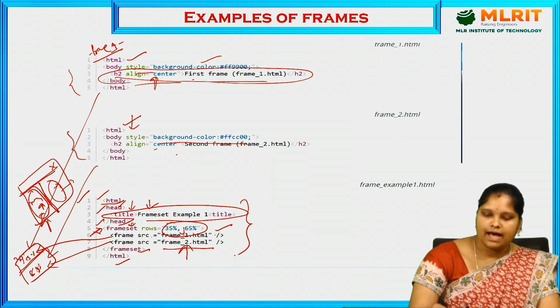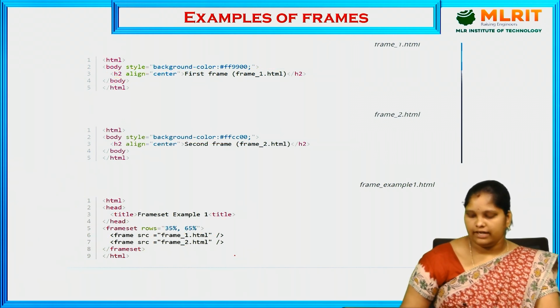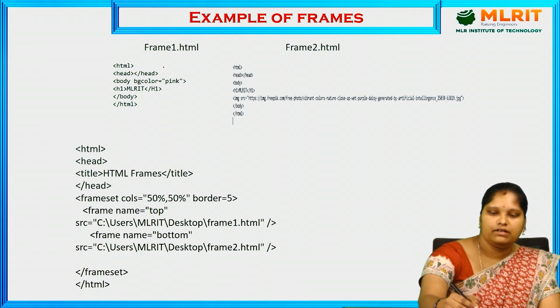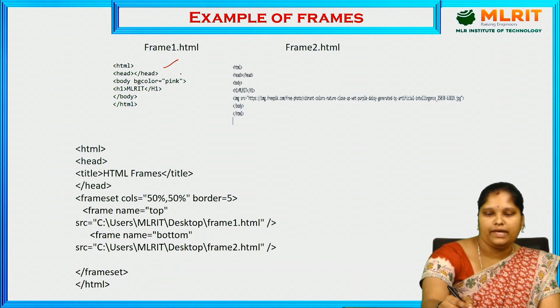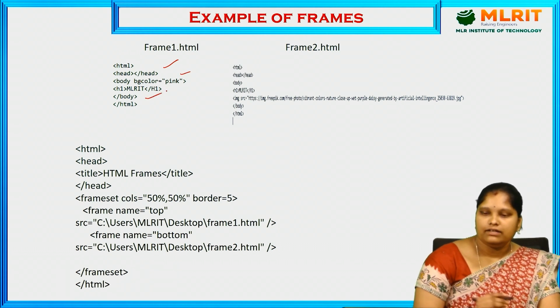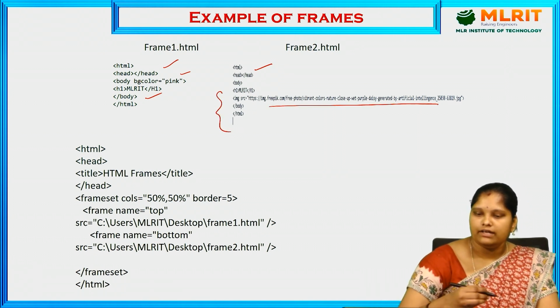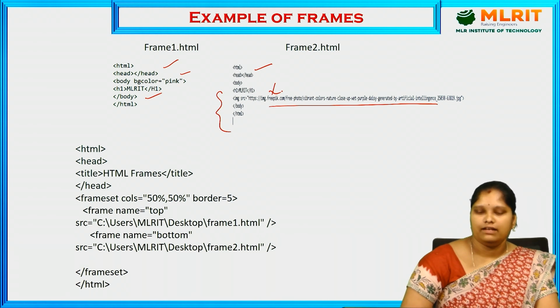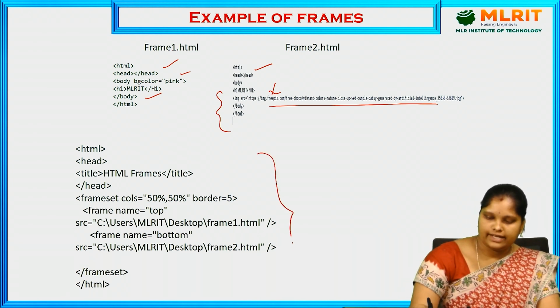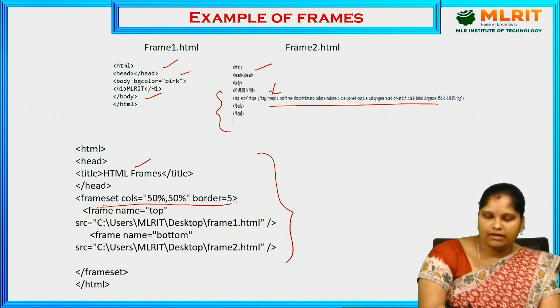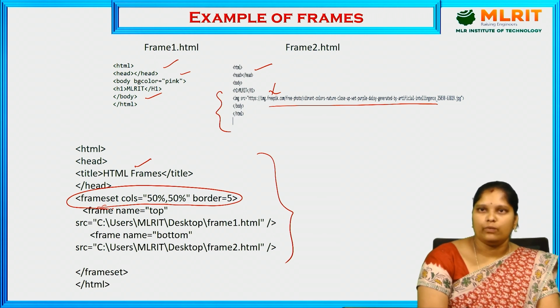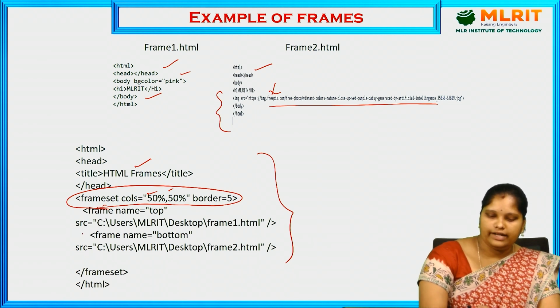This is the example program of the frame tag. Here is my frame 1 HTML, with a pink background color, and the other page is here. Frame 2 has some image addresses. Frame 1 and frame 2 are the example of frames. I have to divide my window into two equal frames, 50% each.